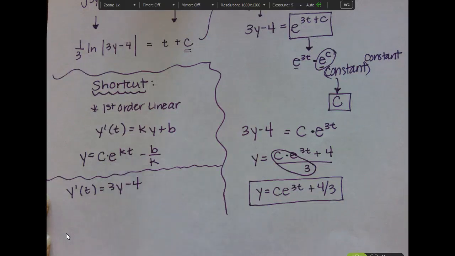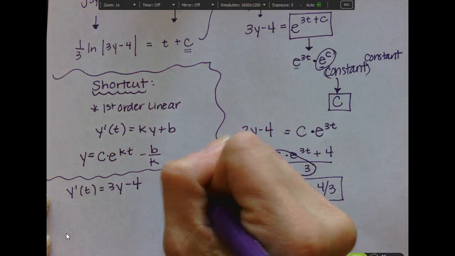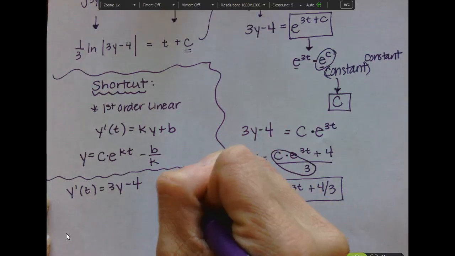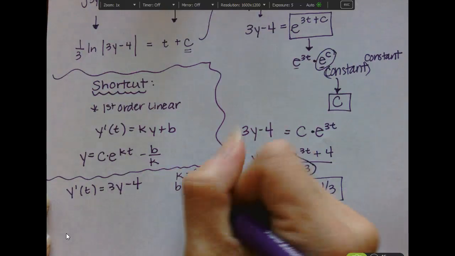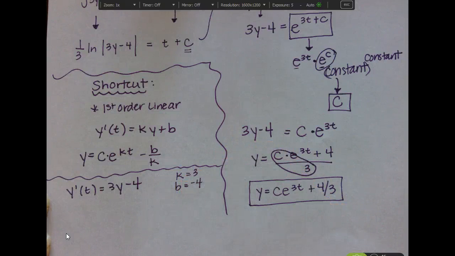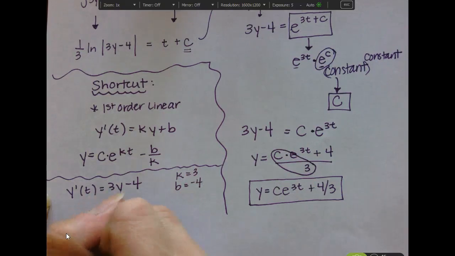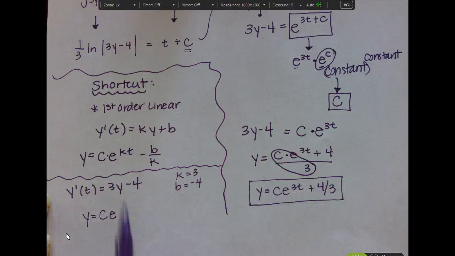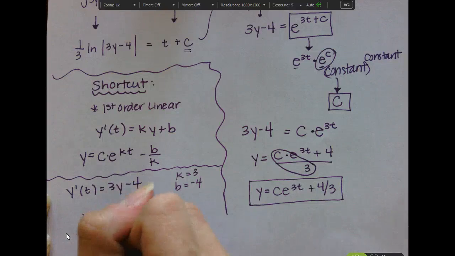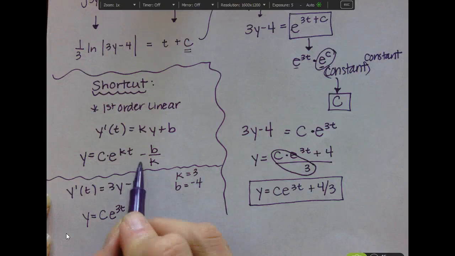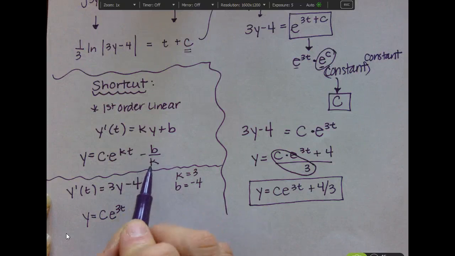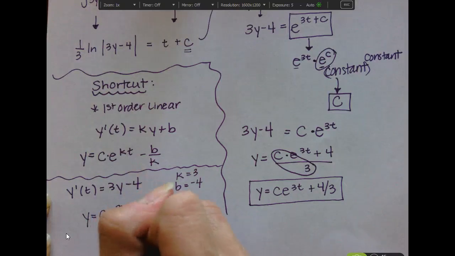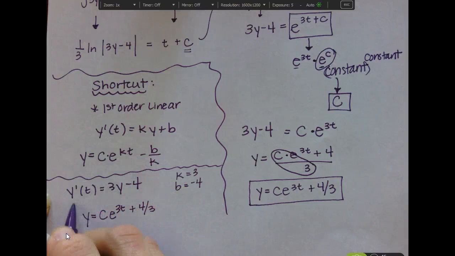K is going to be 3, and here b is going to be negative 4. So if I plug those values into my formula, I have c times e to the 3t power, if I plug 3 in for k, and then minus a negative 4 over 3, which becomes plus 4 over 3.